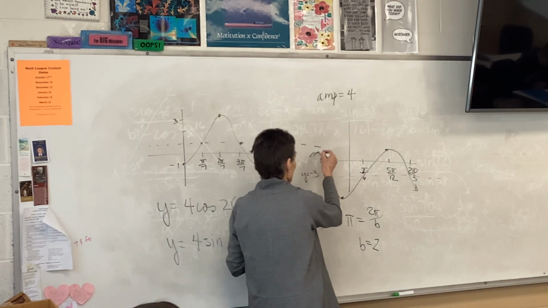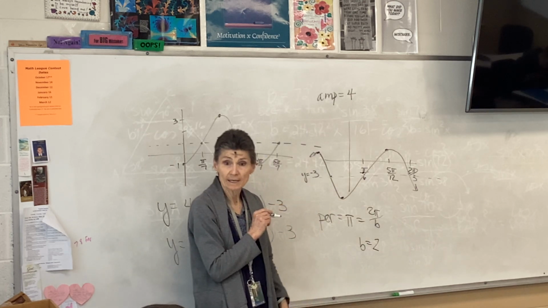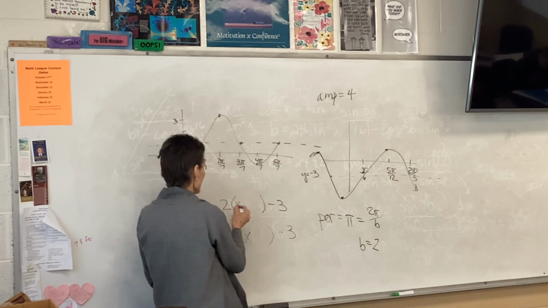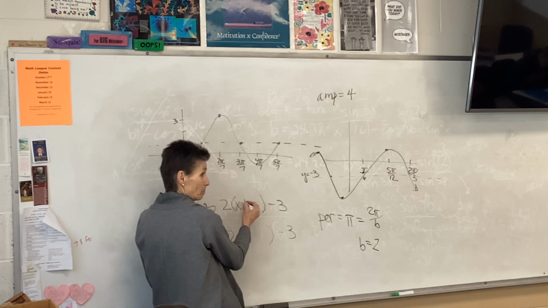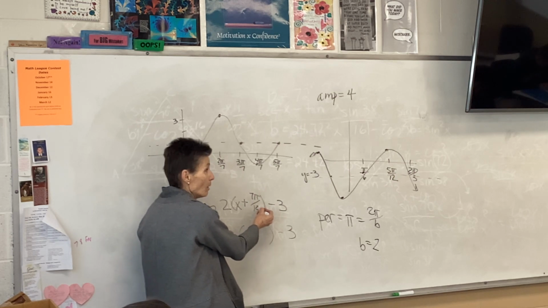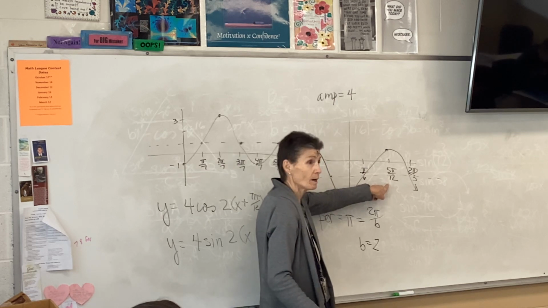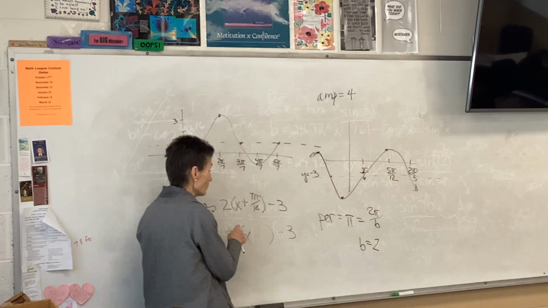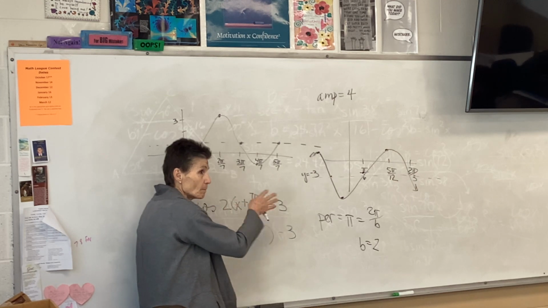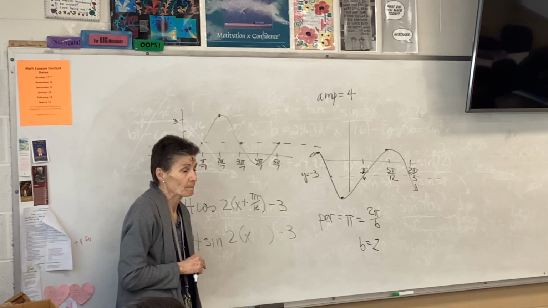I can either start it at this one, negative 7 pi over 12. So if I choose to start there, then this would be x plus 7 pi over 12. Or I could start over here, 5 pi over 12, and in that case, it would be x minus 5 pi over 12. They're both fine. They're both equations of cosine curves.